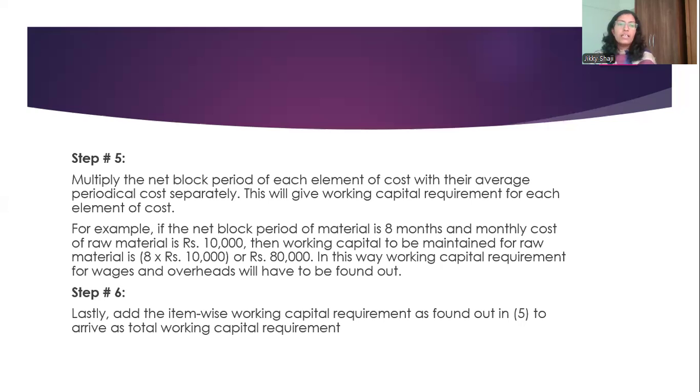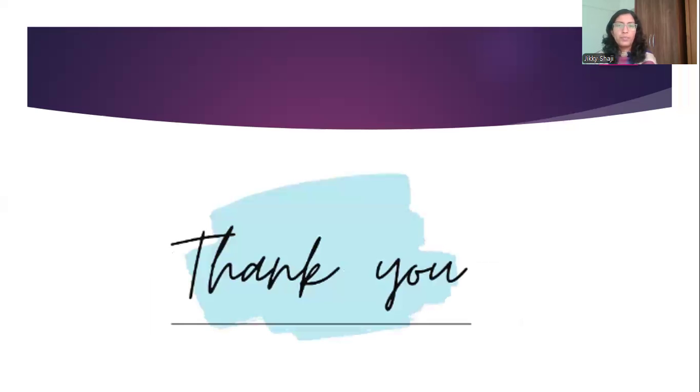So lastly, add the item-wise working capital requirement as found out in step 5 to arrive at the total working capital required. So total working capital will be the sum total of direct material, labor and overhead charges. Thank you.